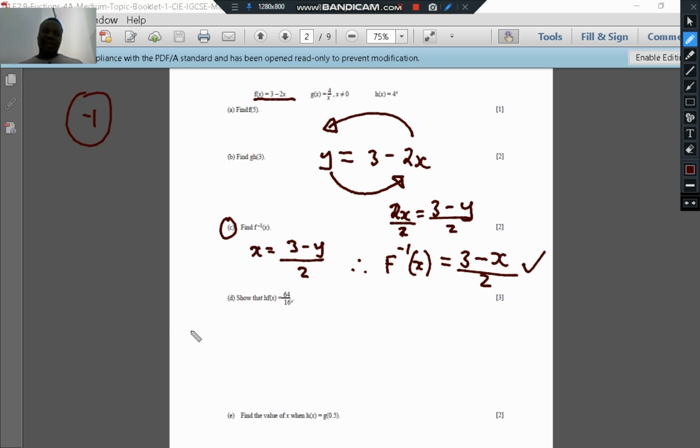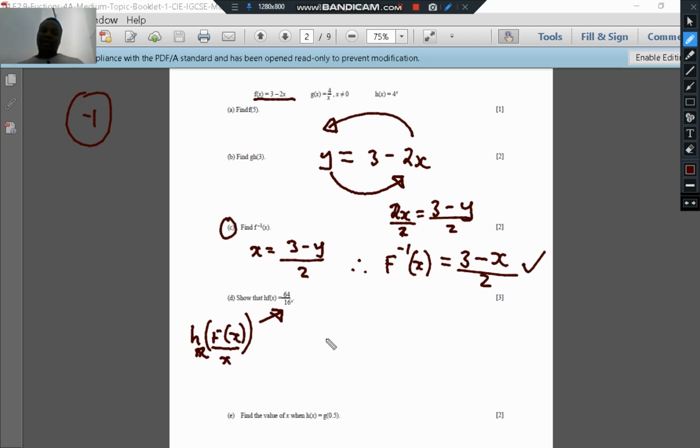So now h of f of x, this implies that wherever there is x in the function of h, we are going to put f of x. I'm going to say that again. Wherever there is x in the function of h, we are going to put f of x. And when we do that, we should show that everything will come back to 64 over 16 to the power of x.